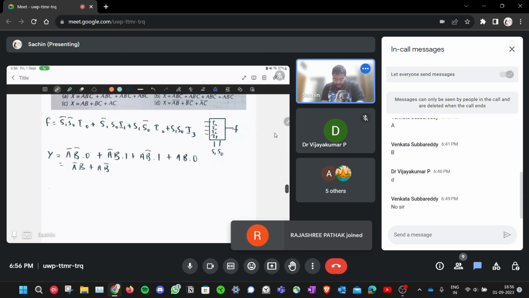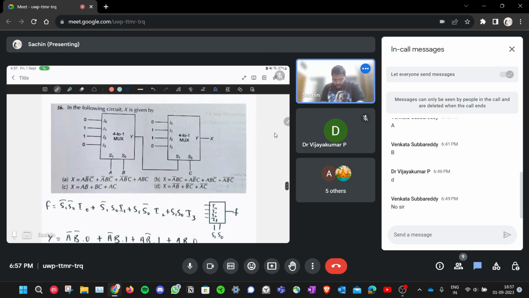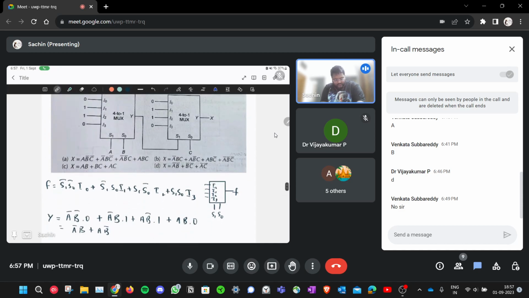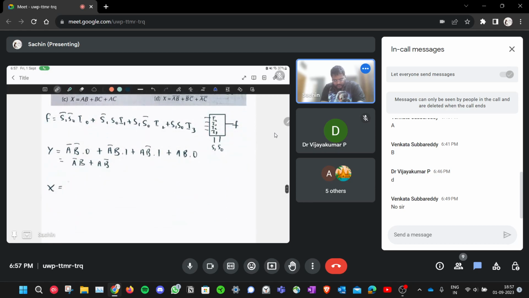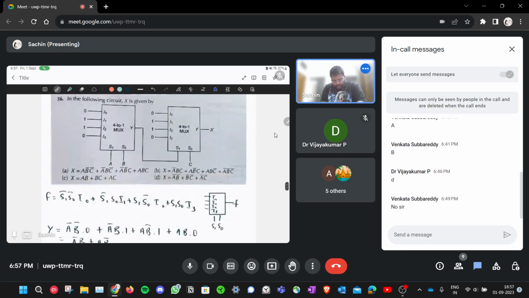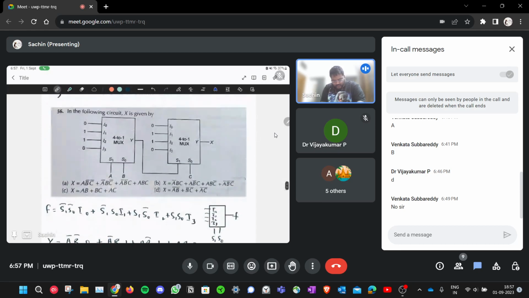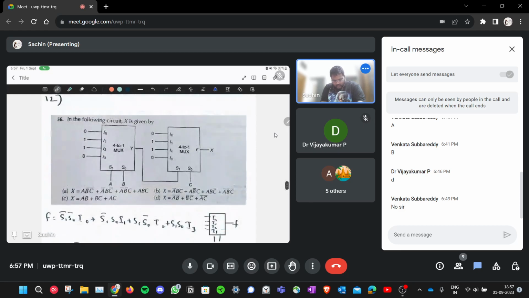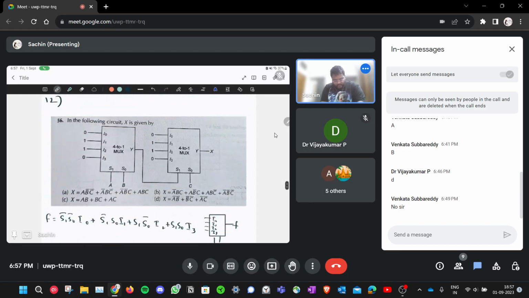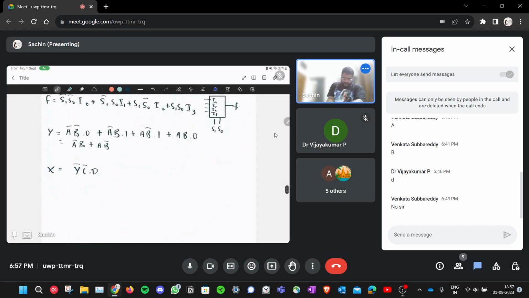Now X. S1 is Y for the second mux and S0 is C. So what you get is Y bar C bar I0. I0 is 0. Again the inputs are 0 1 1 0. So we can copy from the first expression.